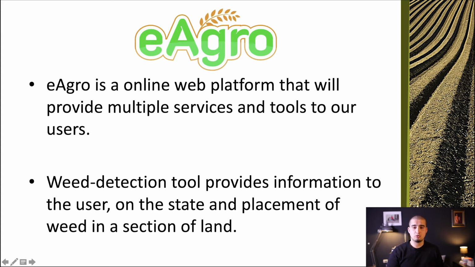Our main goal is to achieve a singular platform that will provide multiple tools and services to our users. In this presentation, I'll be showcasing the development of one of those tools, which provides information to our users on the state and placement of weed in a section of land that will, as I will explain later on, help them in their farming process.